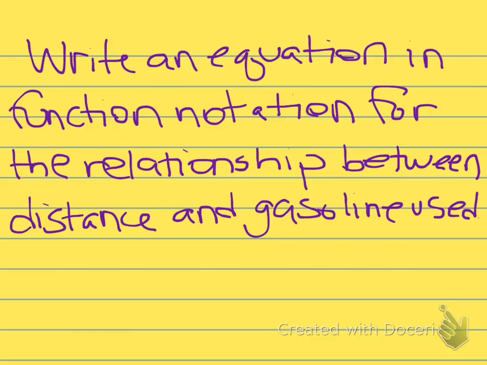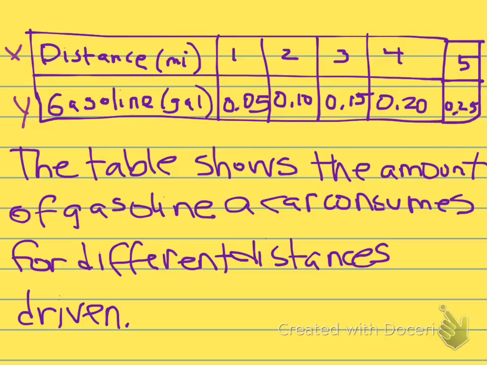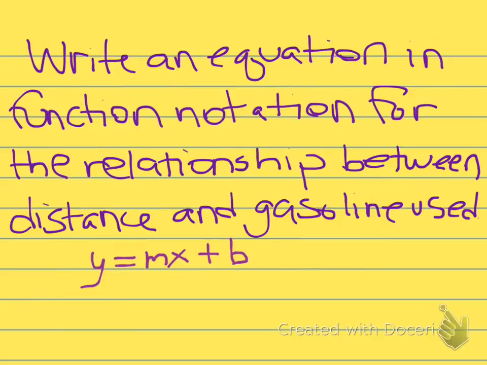So we need to write an equation in function notation. If they don't tell us what form, we always use the slope-intercept form. So to find the slope-intercept form equation, we need to find the slope first. Let's pick 2 points. We could just pick the first 2. So we have 1.05 and 2.10.